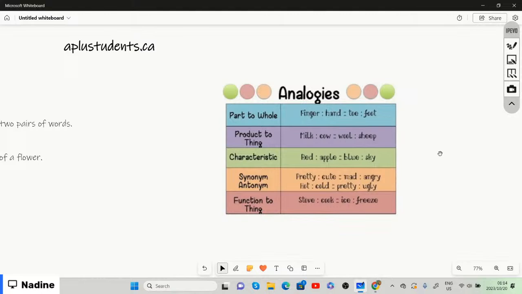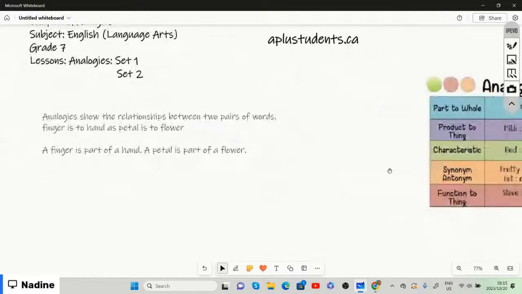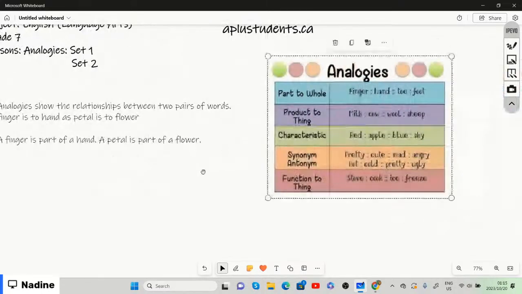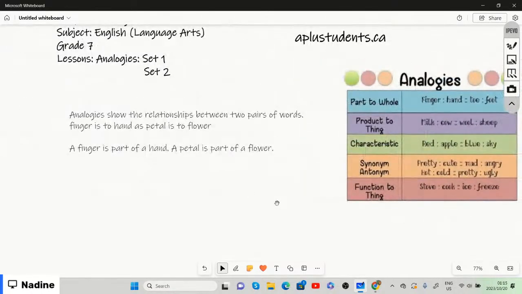In order for us to get ice, we need to freeze water. So these are analogies, and we said analogies show the relationship between two pairs of words. Things that are more similar, or things that you can compare.